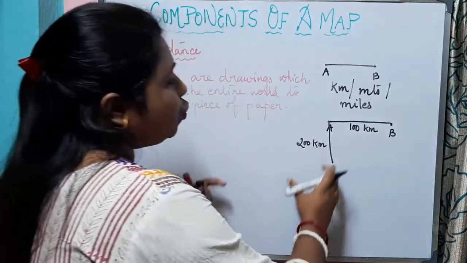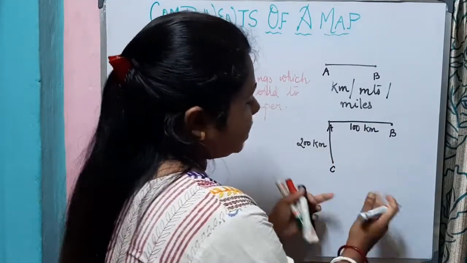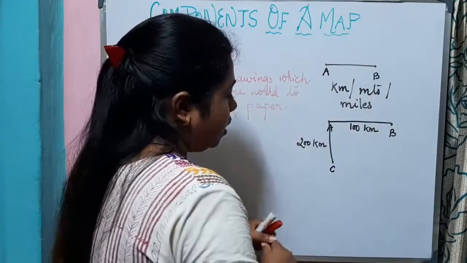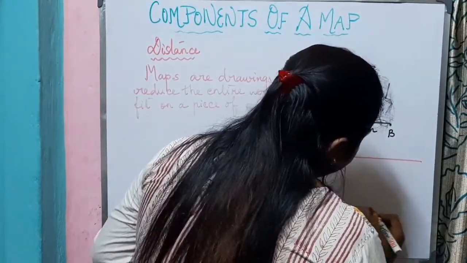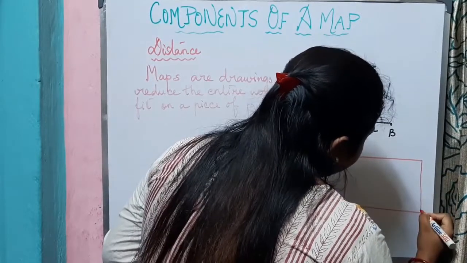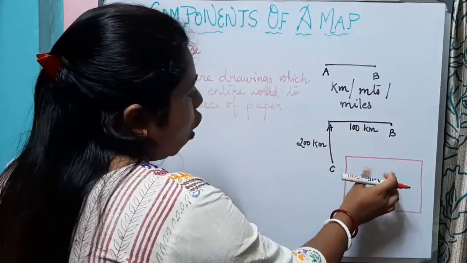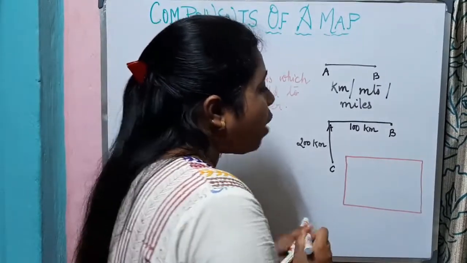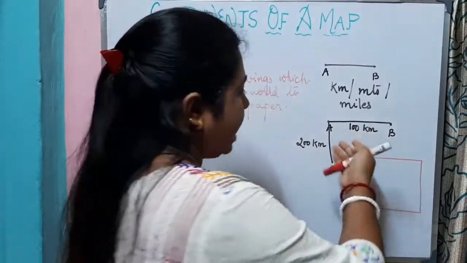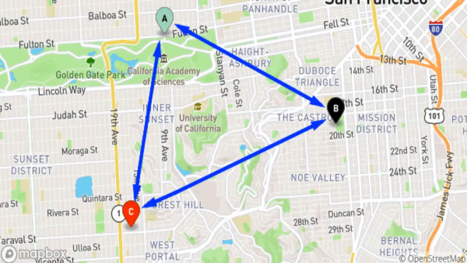Now when I am going to draw a map and represent this actual distance on a sheet of paper where the space is limited, how am I going to show 100 kilometers? I cannot draw the 100 kilometers, that is the actual distance between two places. Then how will I show it on the map?